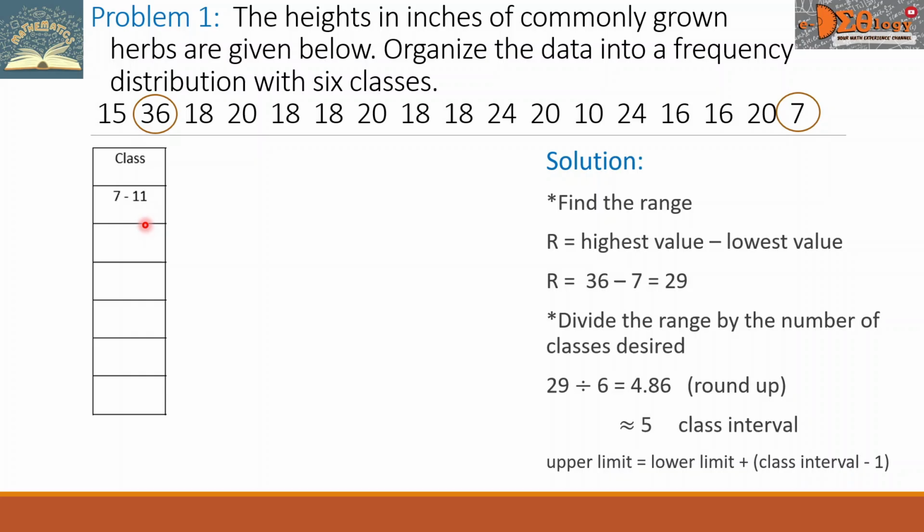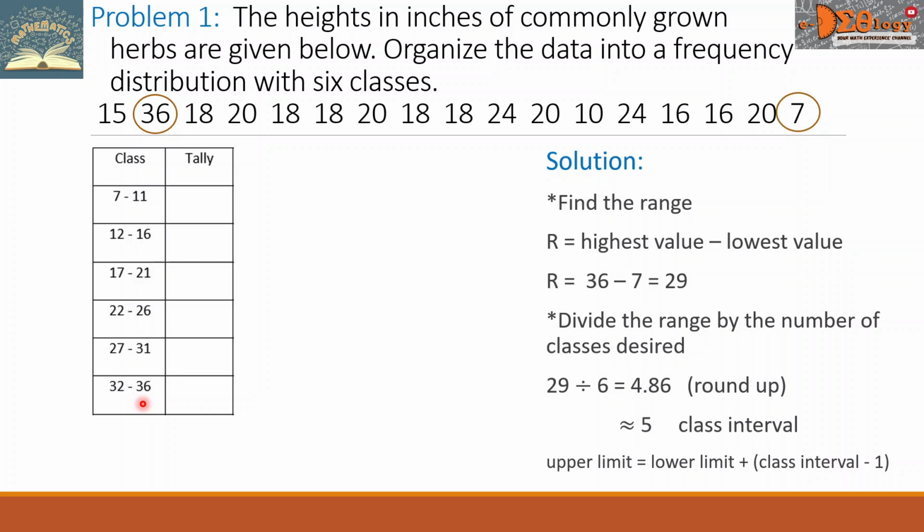So the first class is from 7 to 11. On the next class, we begin with the next integer. 11 becomes 12, and then plus 4 will be 16. Next group, from 17 up to 21. 22 up to 26. 27 to 31. 32 up to 36.